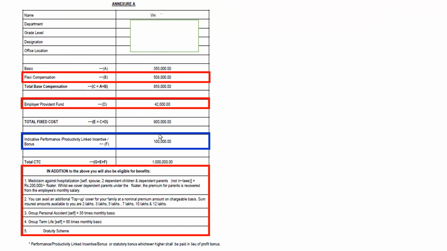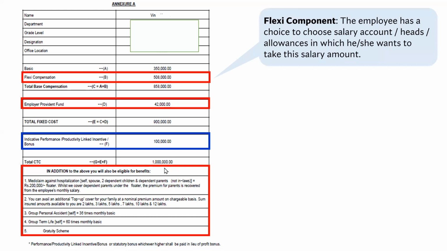Out of 10 lakh, the company has decided the base salary at 3 lakh 50,000 and the rest, 5 lakh 8,000, is put under a flexi compensation package, which means now the employee would be deciding how they want to take the 5 lakh 8,000, under what components or allowances, whether they want to take HRA, telephone, or conveyance. These would be decided by the employee, and how much they want to take would also be decided by them.